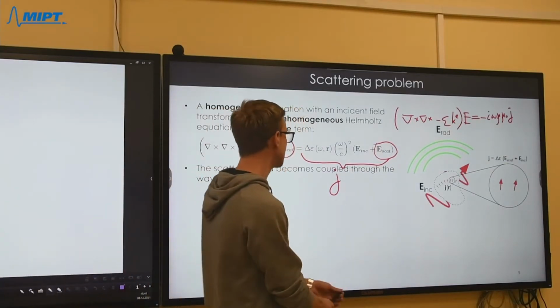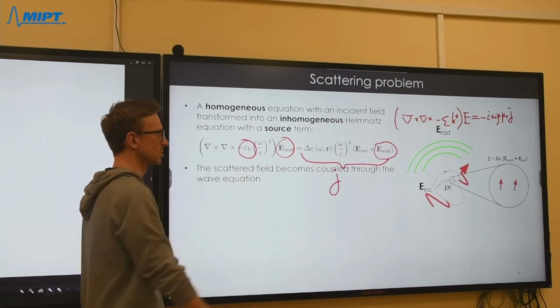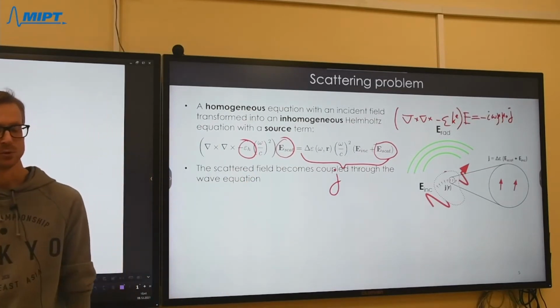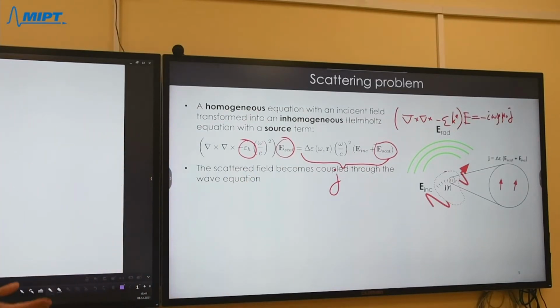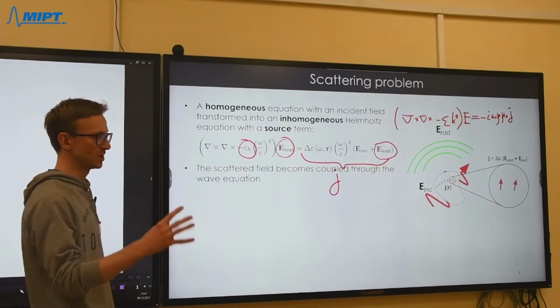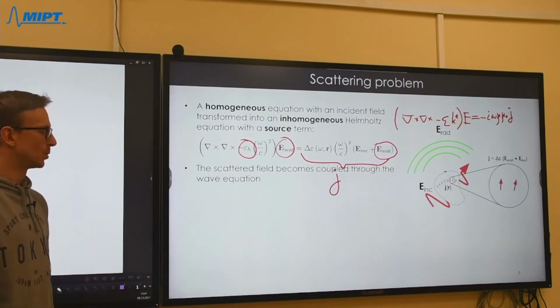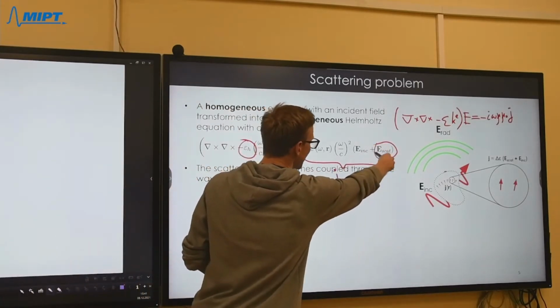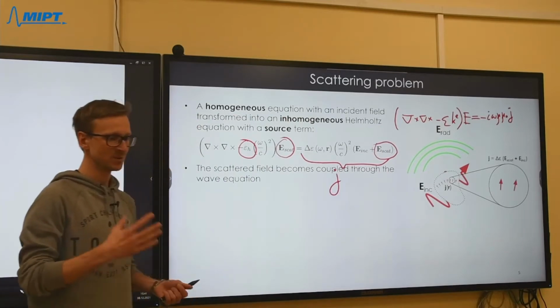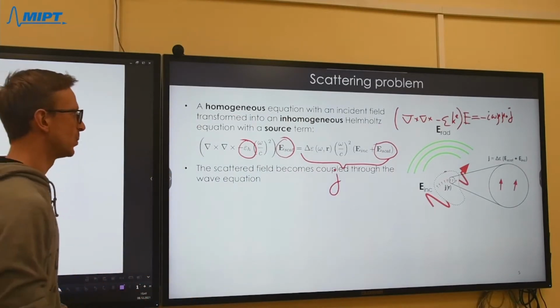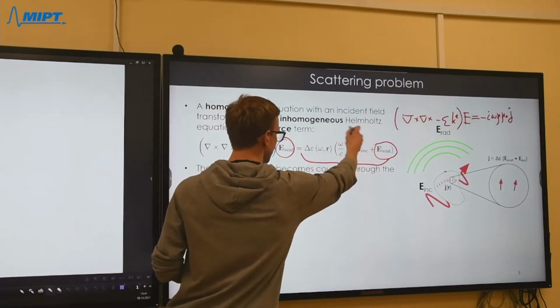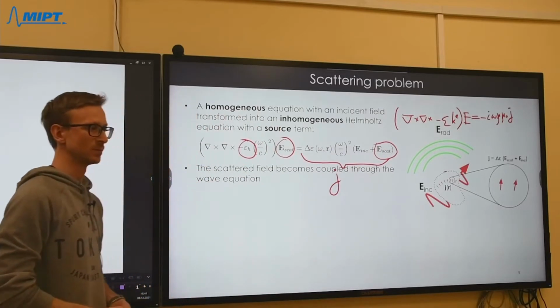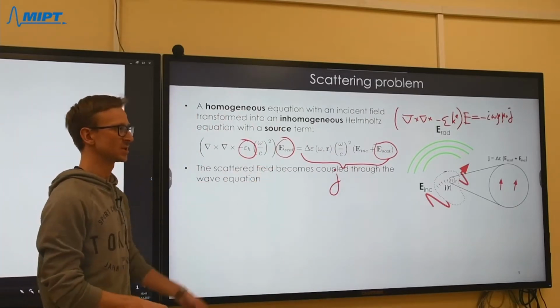And in this case, the system is just a homogeneous environment with a constant real-valued permittivity. This is like the Green's tensor of free space, but with a different permittivity. We know the tensor, and we know the current. Well, we don't know the scattered fields yet, but we know the expression. So formally, we can plug this into the Green's tensor formalism and obtain an expression for the scattered fields.